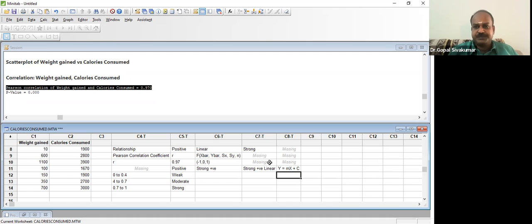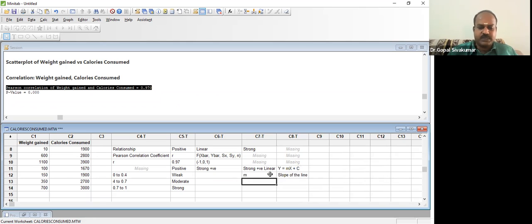What is m here? Mean value. I'll tell you. m is the slope of the line and c is the y-intercept. We'll see all of them. So we understood all these things.